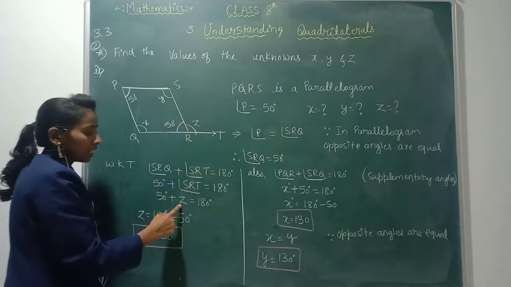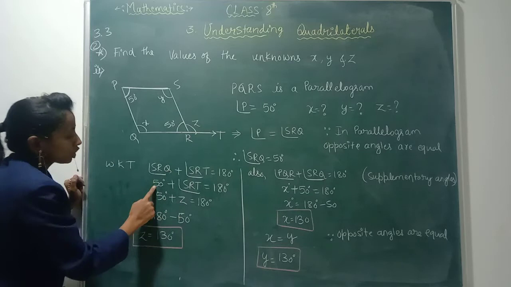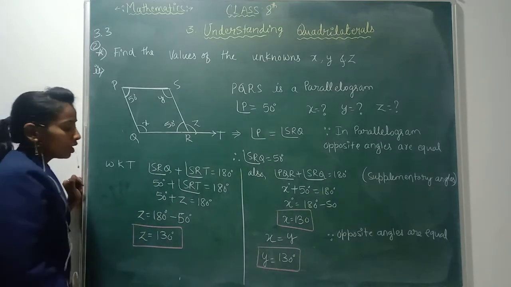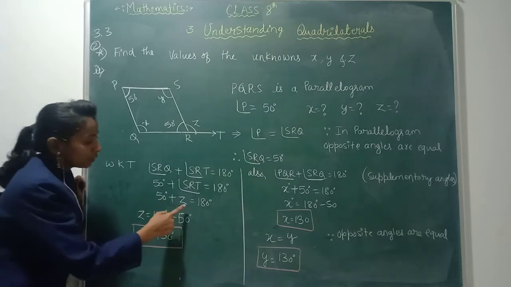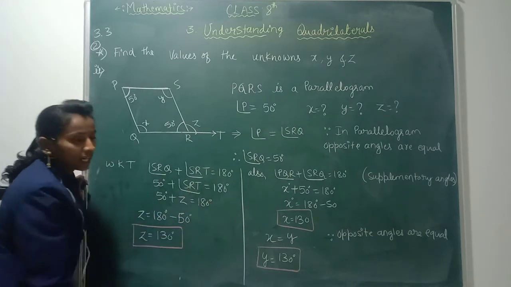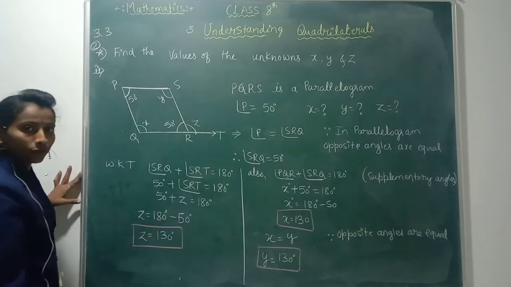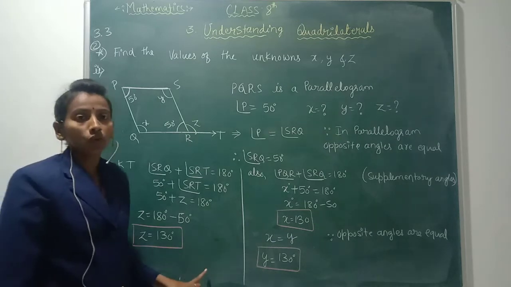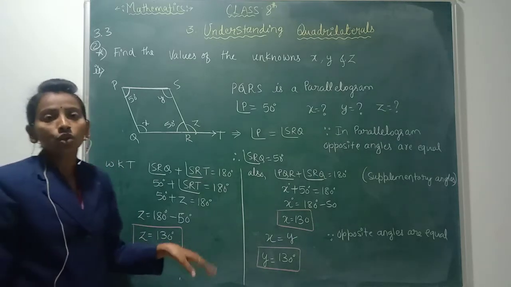SRT is angle Z, which we have noted as Z. SRQ we know is 50 degrees. So Z plus 50 is equal to 180. Transposing 50 to the RHS, Z becomes 180 minus 50, that is Z is equal to 130. That is the first value we got, Z is equal to 130.